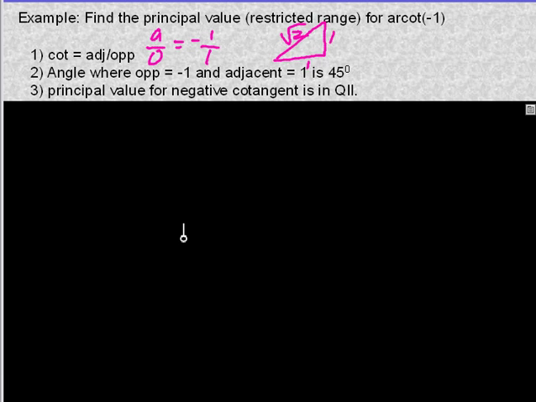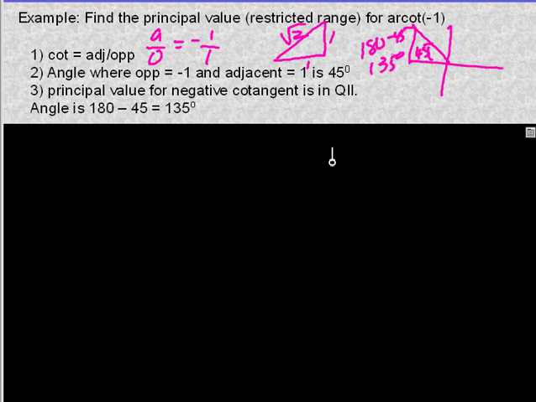So for cotangent we take the negative ratio out of quadrant 2. So this is going to be 180 minus 45, or 135 degrees. So really the only thing you need to remember is which of the 4 quadrants do I get the angle from. We're not doing anything different than we have been doing. It's just we're going to have fewer answers. You just have to pick the right one.